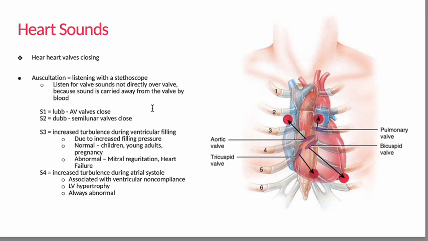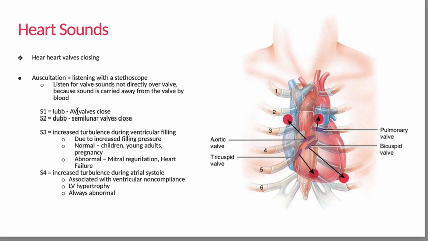When the ventricle contracts, we don't want to send that blood backwards to the atria. That's not doing us any good. We need it to go forward. So we have to close the door to the room behind us so we can propel blood forward in one direction. So that's what you'll hear with the S1 sound. You will hear those bicuspid and tricuspid, or the right and left atrioventricular valves, close.